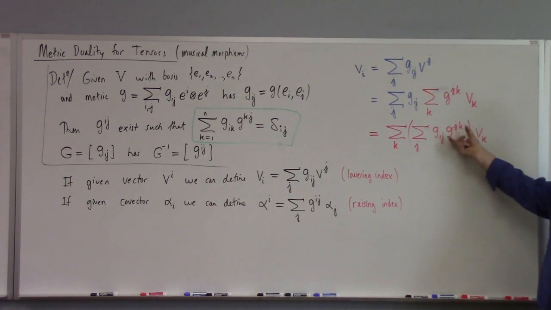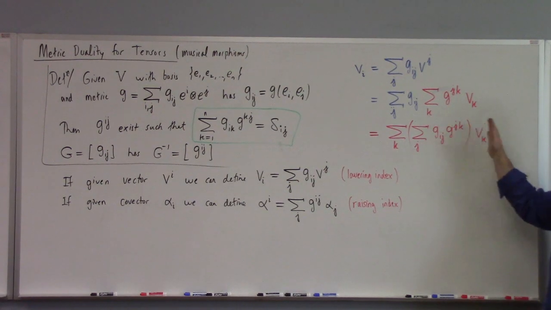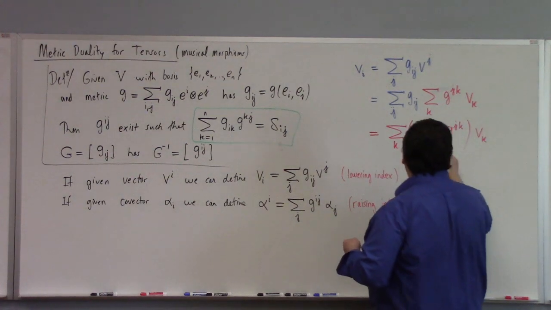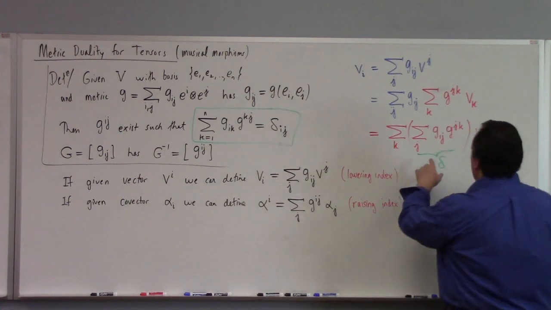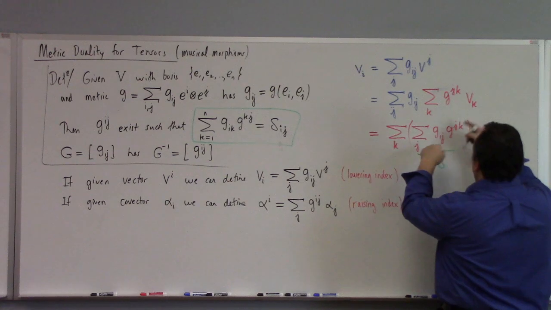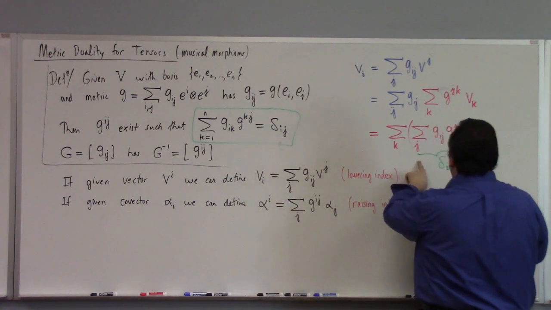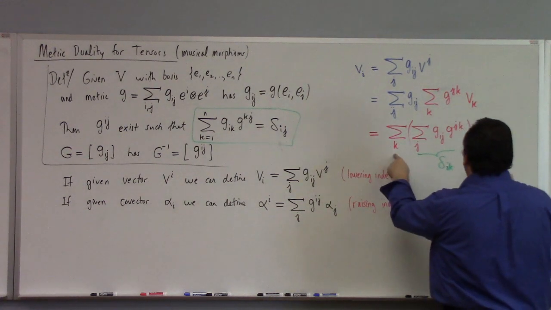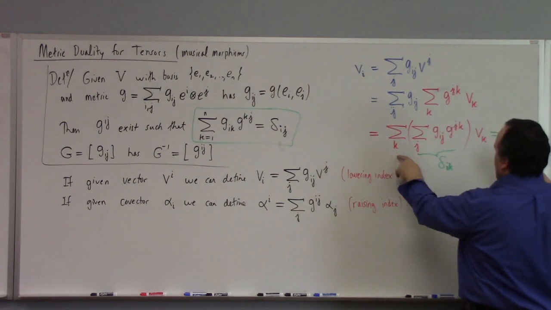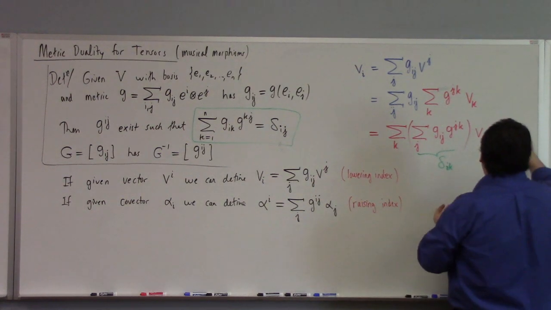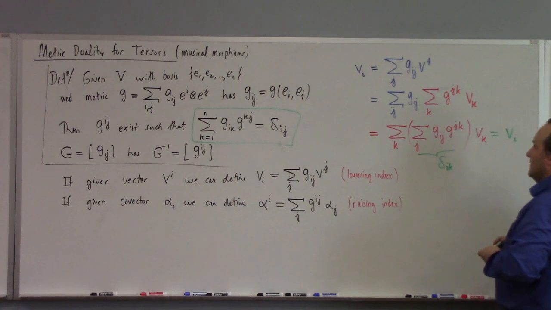So when you contract them across their row and column index like such, you're just left with a Kronecker delta, because that's matrix multiplication. The j's cancel. We're just left with an i and a k here. As you know, the Kronecker delta is the natural enemy of the finite sum, and so the k gets squashed, and we're left with a v i.